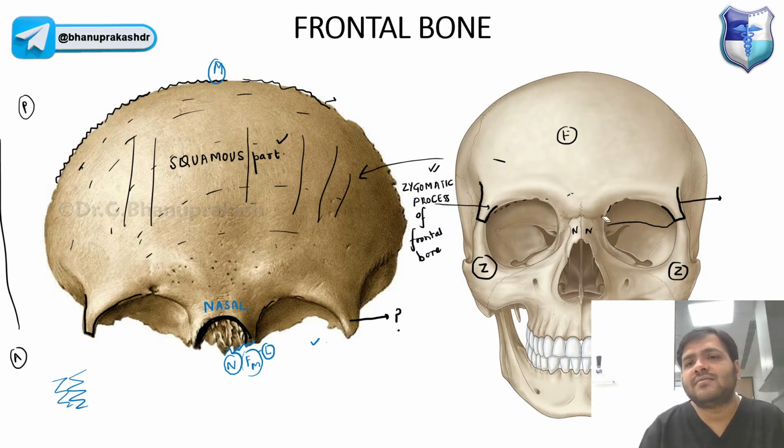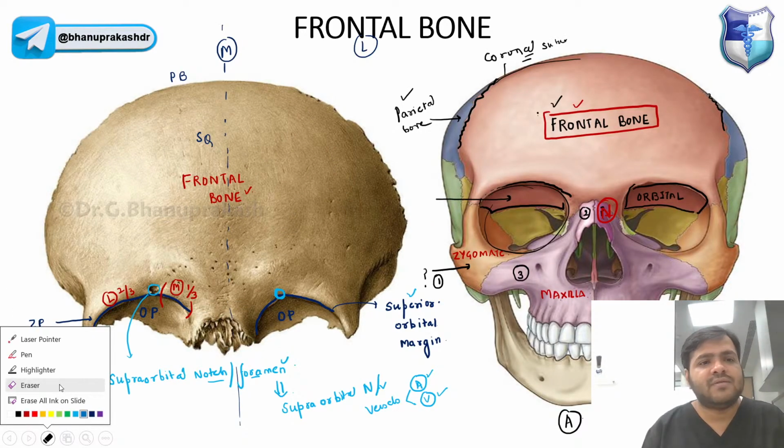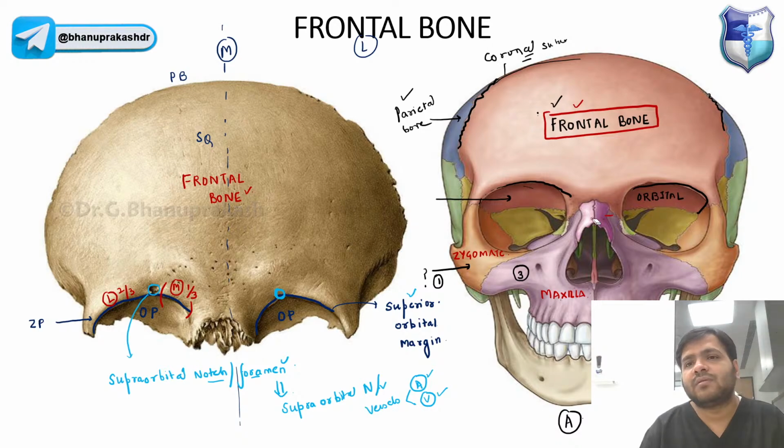Let me try to show over here, guys. You can very well see this is the nasal part, and below it you can see the nasal bone. So medially, it is the nasal bone. Then you can see the maxilla, and the process of the maxilla towards the frontal bone is the frontal process of the maxilla.